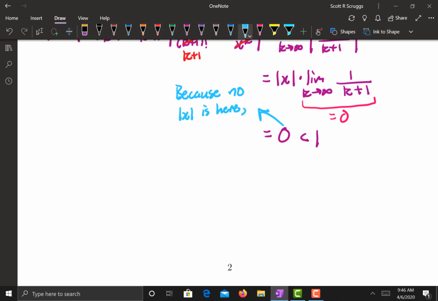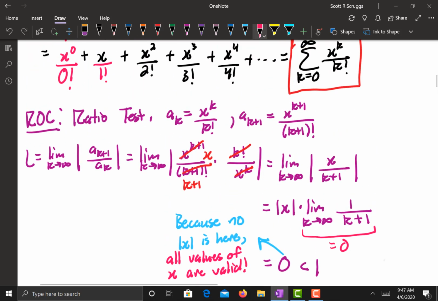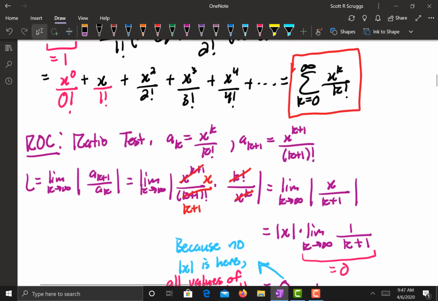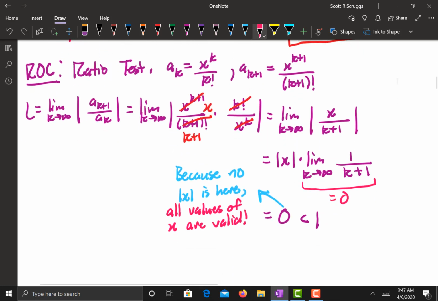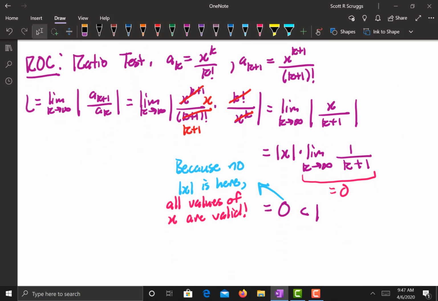What that means is all values of x are valid. And what does that mean? That means it does not matter within my Maclaurin series what value for x I plug in, I will always get a convergent series, no ifs, ands, or buts.